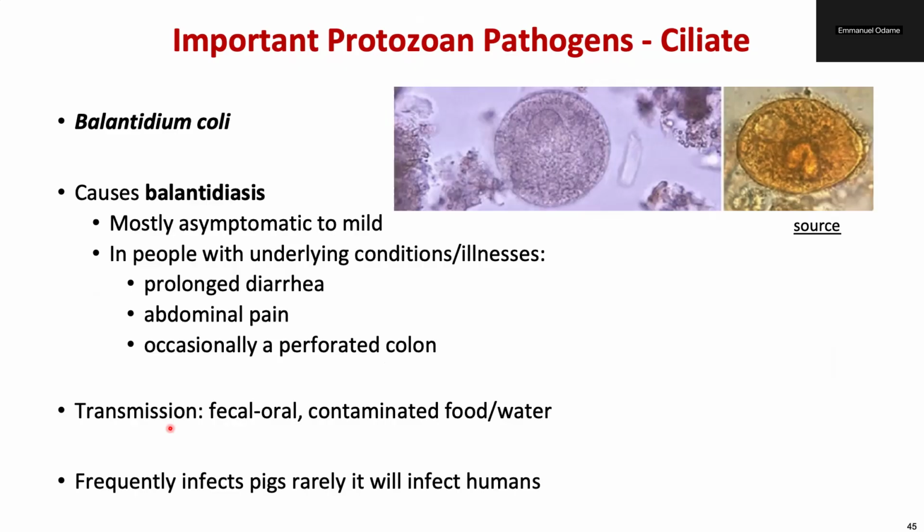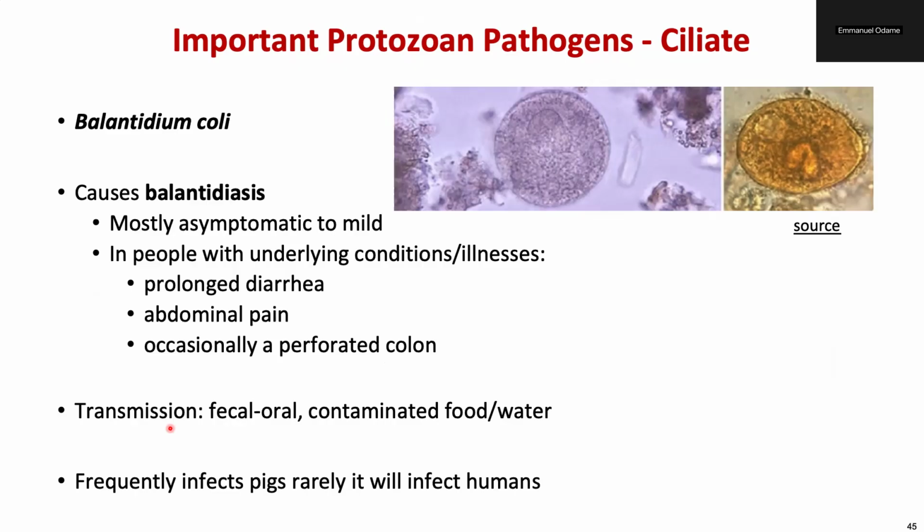People with this disease have prolonged diarrhea, abdominal pain, and occasionally a perforated colon. Transmission is fecal-oral, basically through contaminated food, and it more frequently infects pigs. It's rarer in humans, unless you end up eating the cyst yourself from the pig.